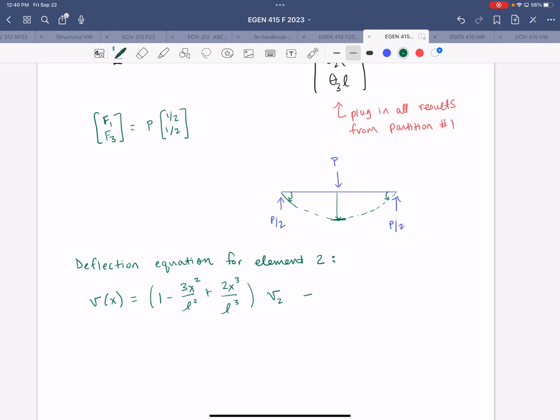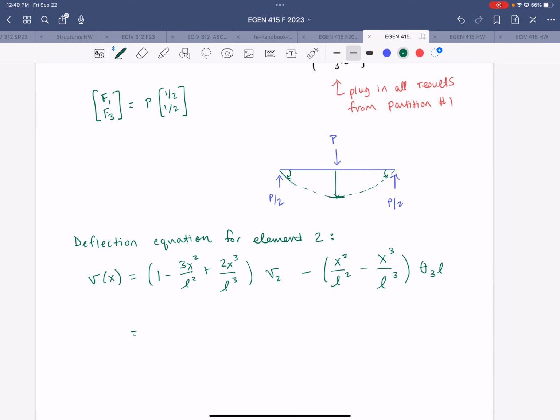So that would leave us with x squared over L squared minus x cubed over L cubed times theta 3L. And that can be simplified to negative P over 12EI once we plug in our values for V2 and theta 3L, times 2L cubed minus 3x squared L plus x cubed. Just a more user-friendly version.